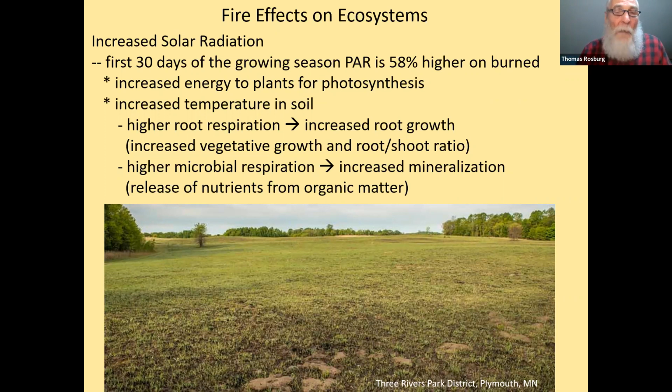The temperature goes up, and that means two important things happen. The plant roots in the soil can begin respiration sooner and have a higher respiration rate. That's a necessity, of course, for root growth to occur. That's going to help increase the amount of vegetative growth and the root to shoot ratio, which is the amount of biomass of root relative to the amount of shoots.